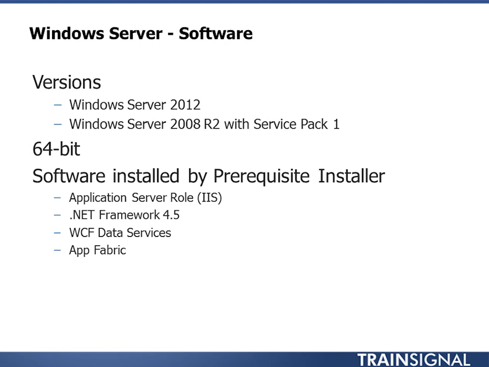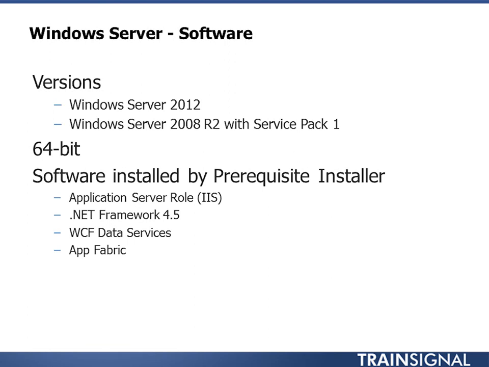Additionally, there are roles and software that need to be installed. These will typically be handled by the prerequisite installer, and that would include things like setting up the application server role, which is going to give you IIS, .NET 4.5, the WCF data services, AppFabric, and a whole host of others.